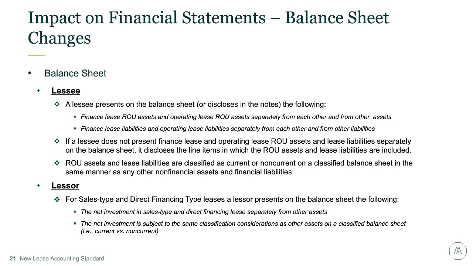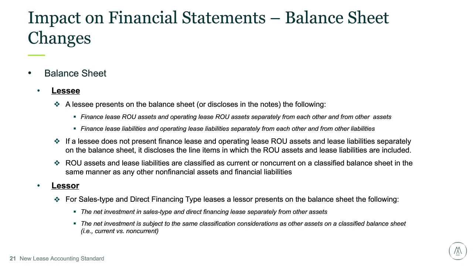So more specifically, lease assets and lease liabilities were recognized on the balance sheet only if the lease was classified as a capital lease. In contrast, under Topic 842, a lessee recognizes lease assets and lease liabilities for all leases, regardless of whether they're classified as operating or finance leases. This is just with the exception of the short-term leases, as Daniel mentioned.